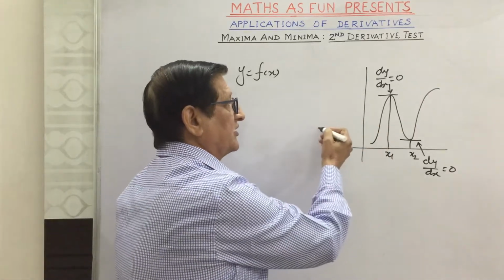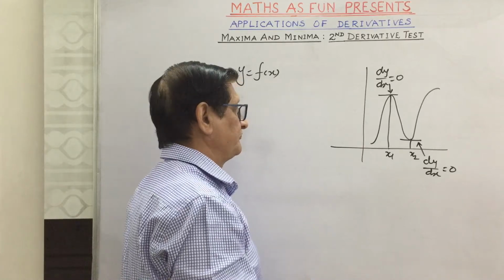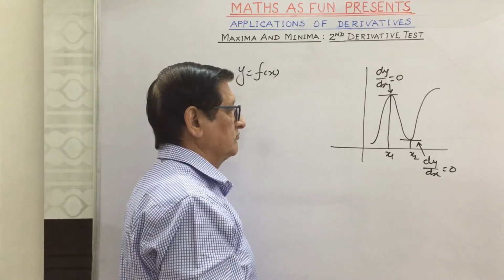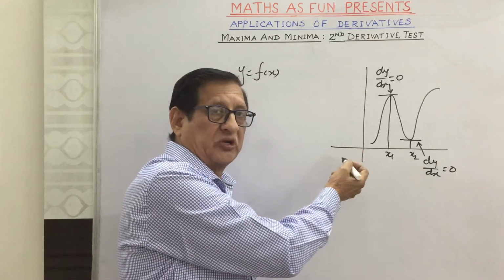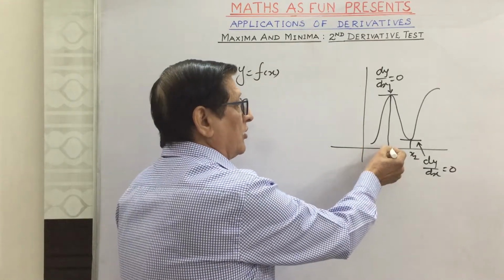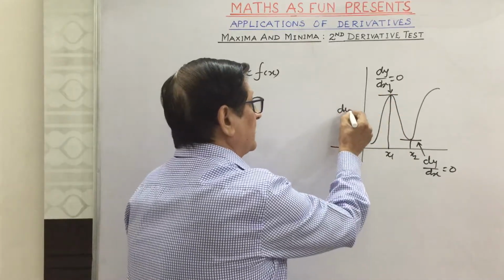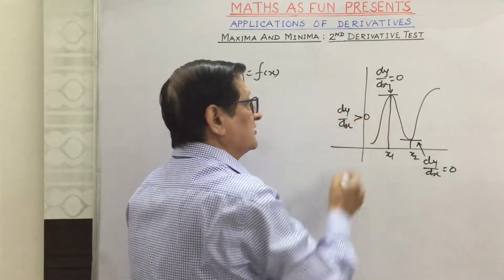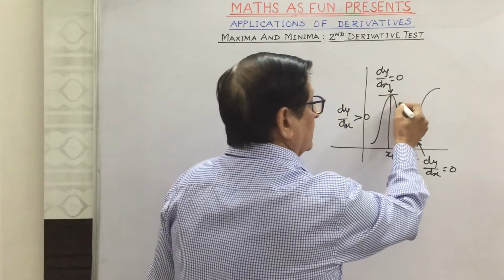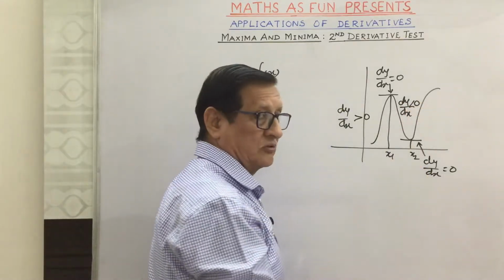These points are known as critical points. At the point of local maxima, we found that dy by dx in the left hand neighborhood is greater than 0, and in the right hand neighborhood dy by dx is less than 0.